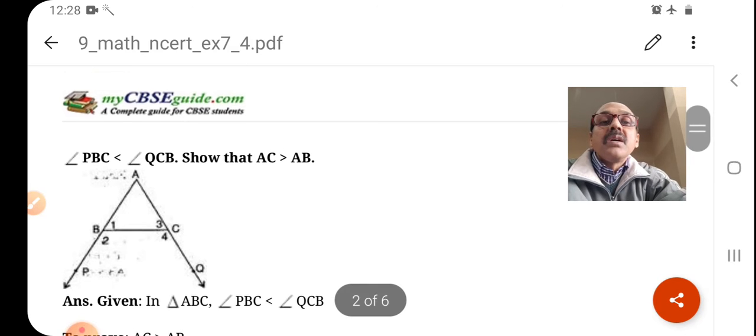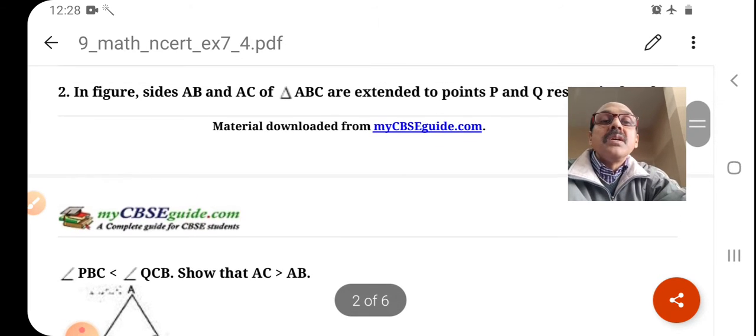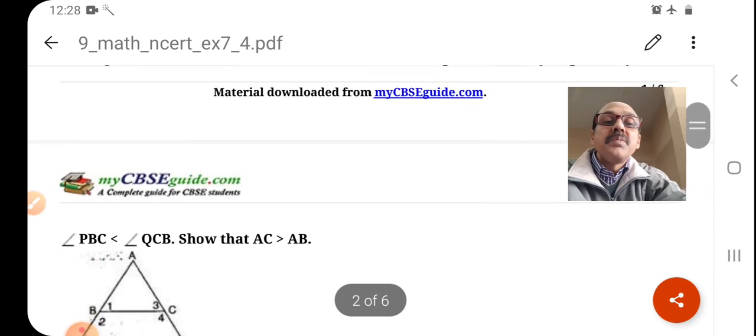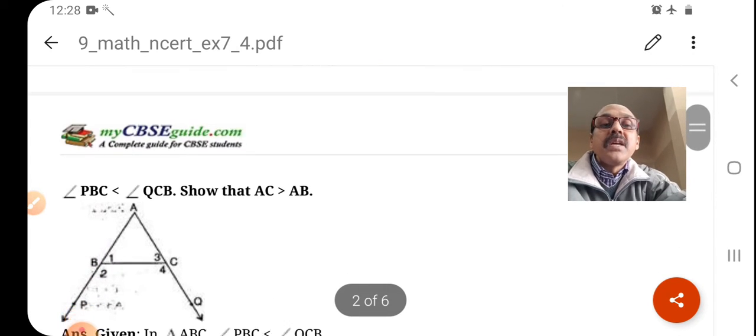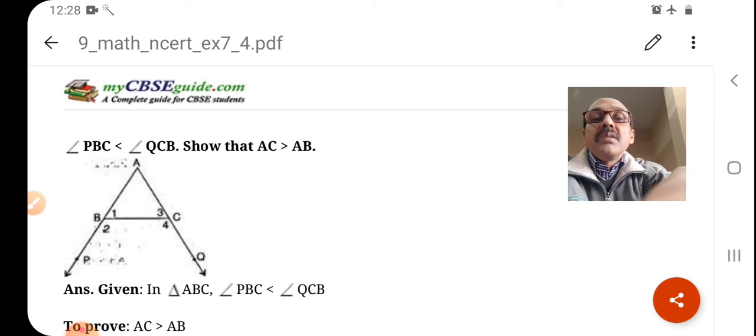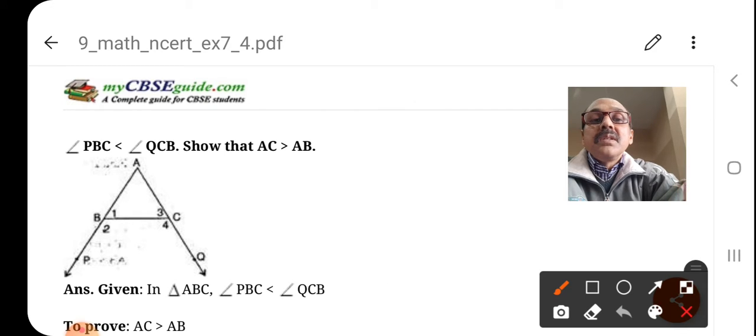So in this question it is given that sides AB and AC of triangle ABC are extended to points P and Q. This is AB, this is AC. And PBC is less than QCB.